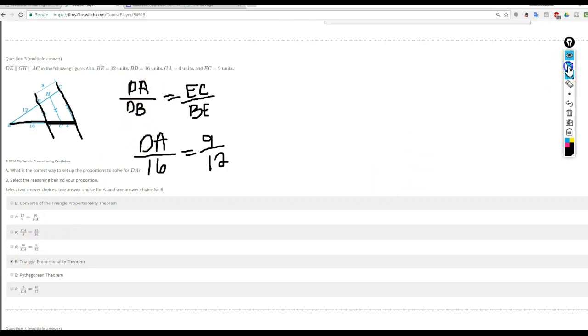So 9 divided by 12 is the reciprocal of 12 divided by 9, and DA divided by 16 is also equal to its reciprocal. That is our statement for our proportions.